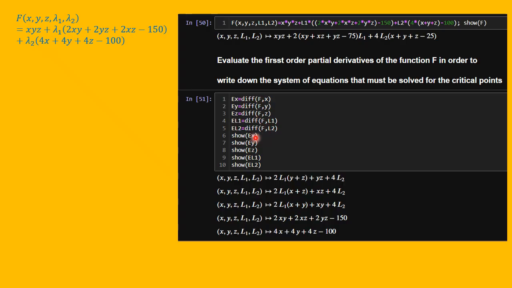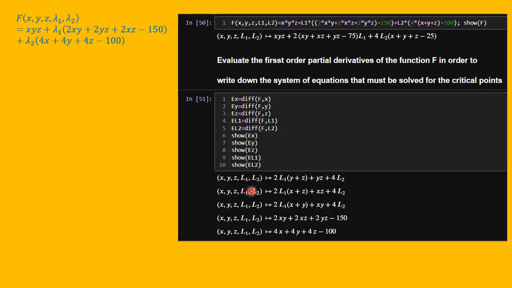So then after that, we want to see if the derivatives were calculated correctly. And so we'll show each of those, show EX, show EY, all the way through show EL2. That first derivative takes x, y, z, L1, L2 into this function. This second derivative, which we stored in EY, is this function.